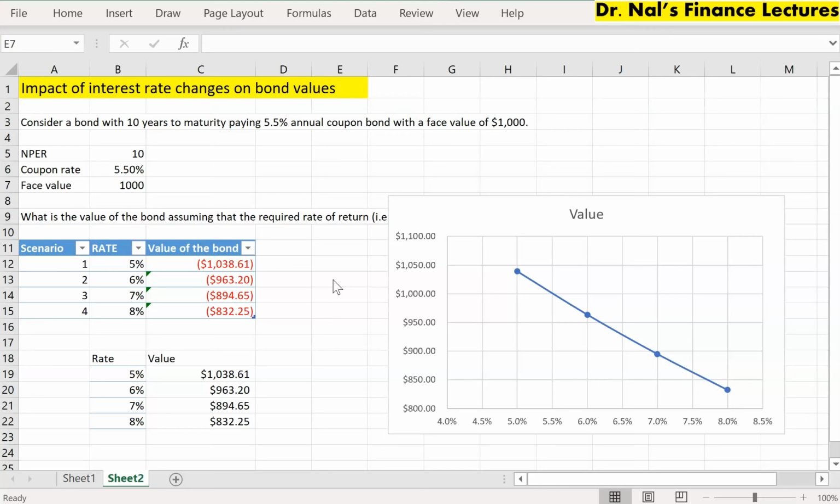Even though you plan on holding the securities to maturity, the secondary market value is down, and if for any reason you have to sell the bond before maturity, it has a different value now because interest rates changed.